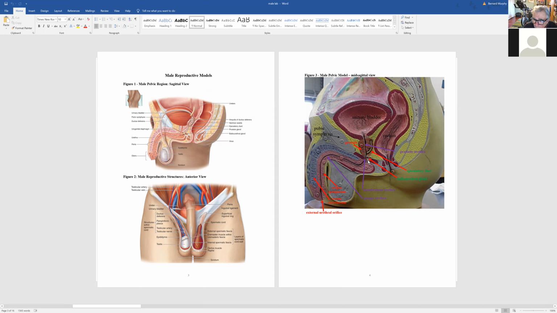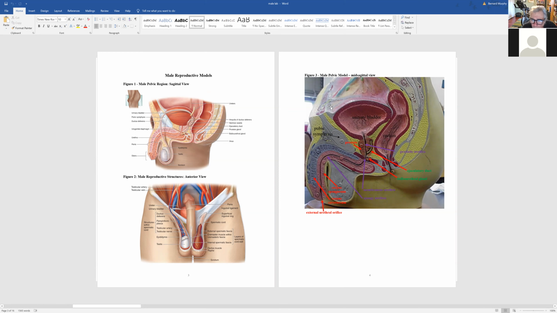There's another little gland right down here called the bulbourethral gland that makes a pre-ejaculatory fluid. But the semen, of course, is composed of secretions from the prostate and the seminal vesicles, which you can't see in this sagittal section because they're behind the prostate on both sides of the vas deferens. So we'll see that in the next model.